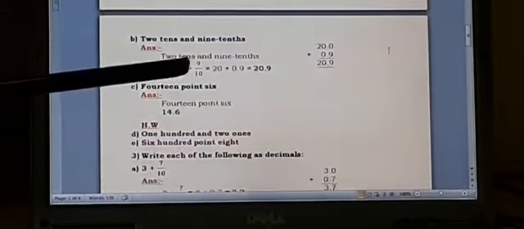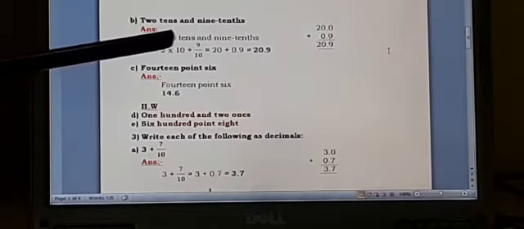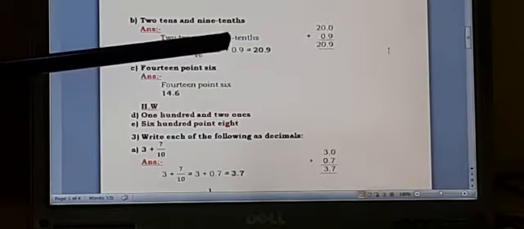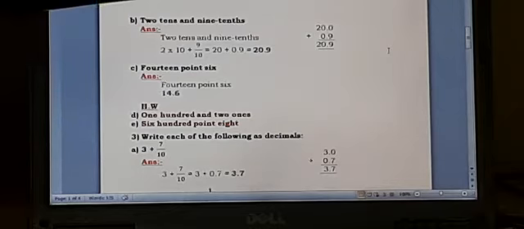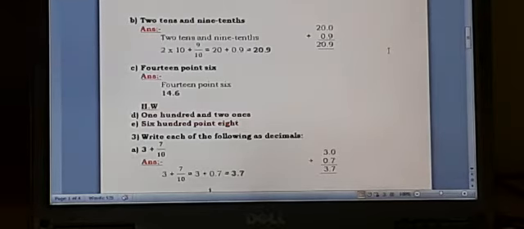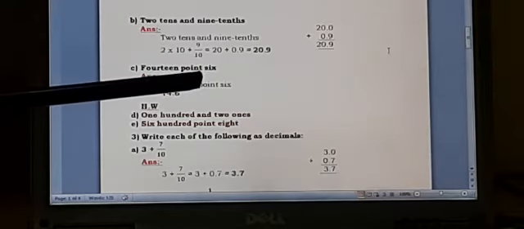See the next question. 2 tenths and 9 tenths. Okay. 2 tenths. 2 and 10. 2 into 10, that is 20. Next, 9 tenths. Already we had seen in the first question 7 tenths, how we have written 7 by 10. Like that 9 tenths, 9 by 10.